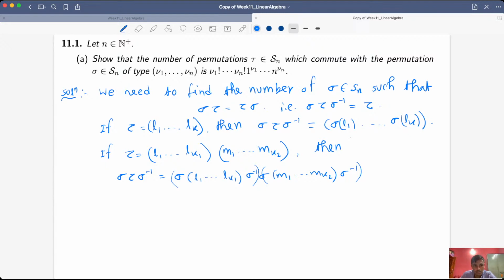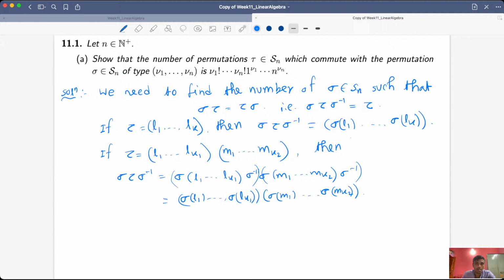So then again I will get sigma L1 up to sigma Lk1, and then this one is sigma M1 through sigma Mk2, right? So in general also, whenever you have a cycle type of tau, if I conjugate that tau by any sigma in that permutation group, it will still preserve the cycle type, right?